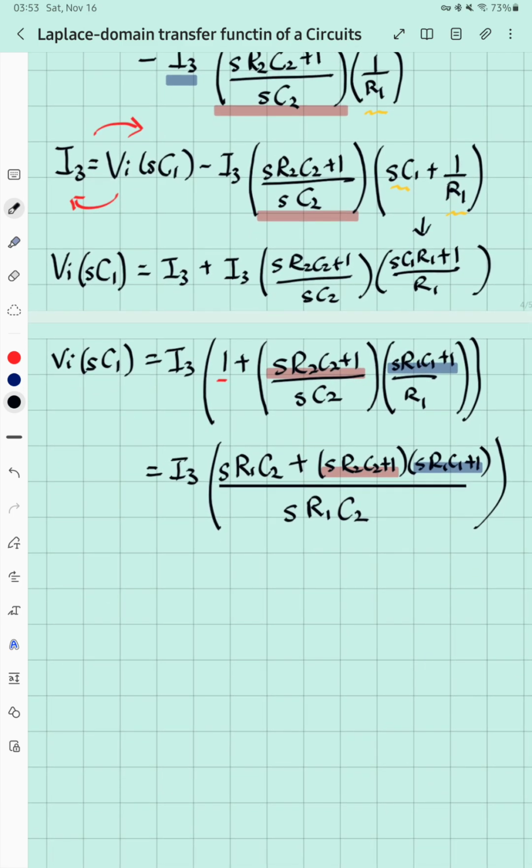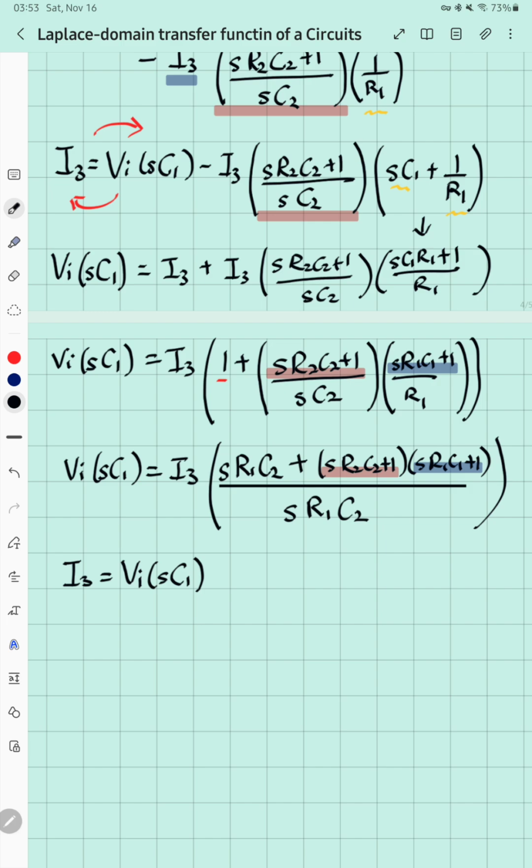Now what we do, I'll still write down VI SC1. Now we want to write everything in terms of I3. So I3 equal V input SC1.